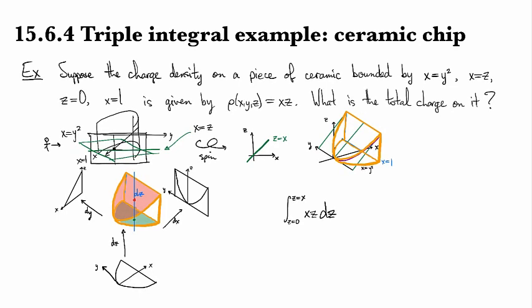Now we need to do the x and y integrals, so we have to figure out how to set this one up. And like I said before, doing dy next is going to be bad because we'd have to go between square roots. We'd probably be better off going this direction next, so we'll do dx.